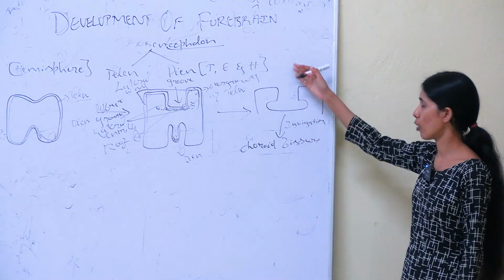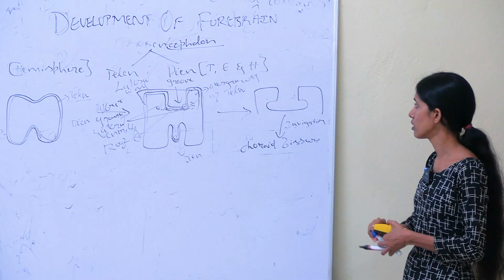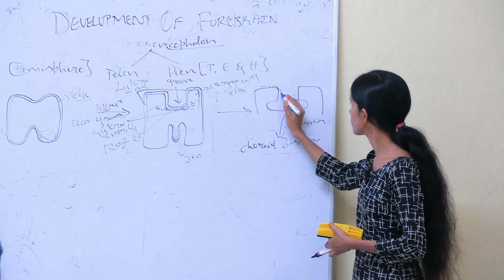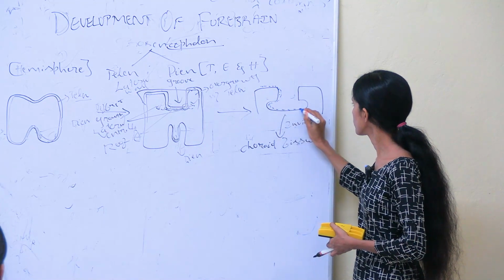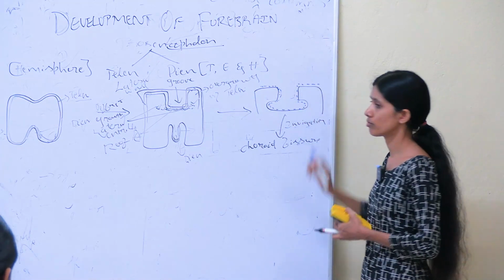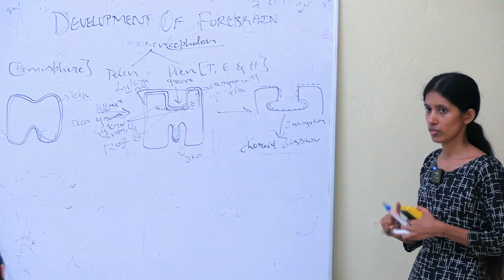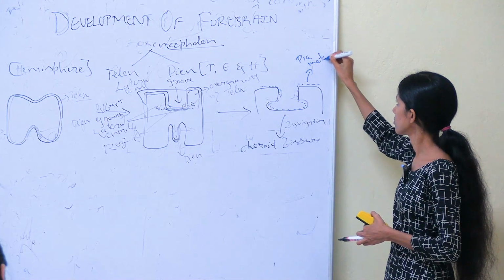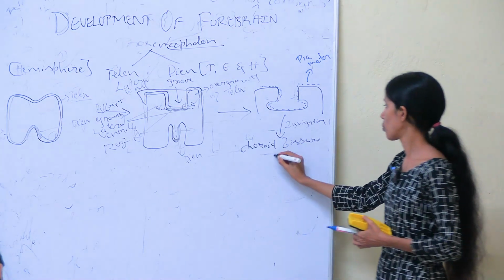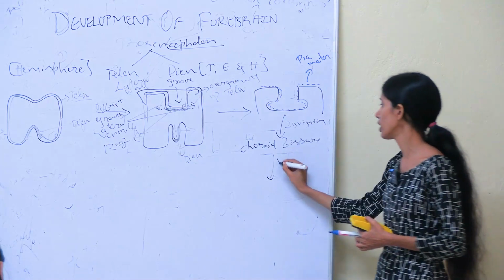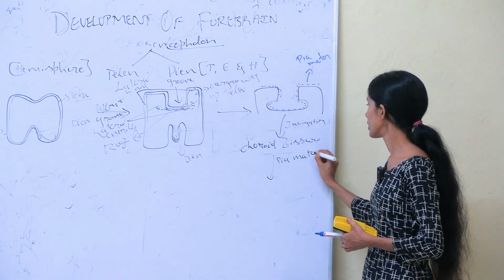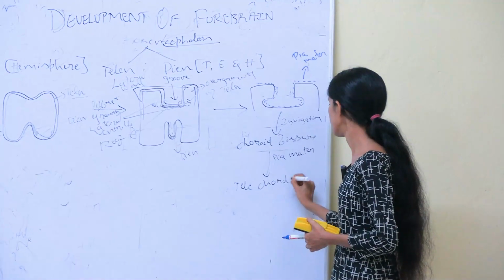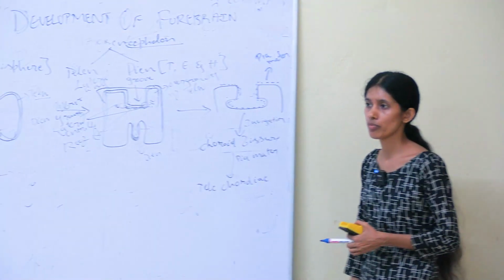Okay. From the outer aspect, this choroid fissure is lined by which matter? It is lined by your pia mater. Once your choroid fissure is lined by pia mater, it is called telecardia.